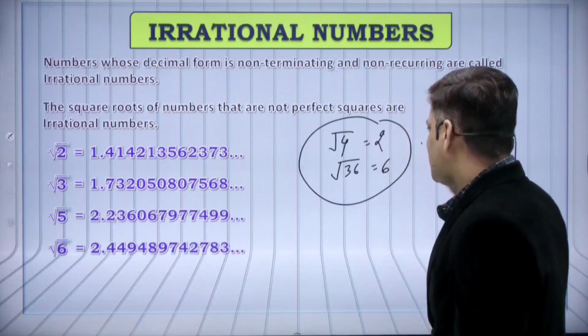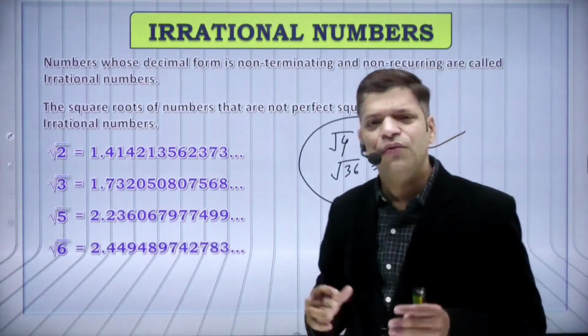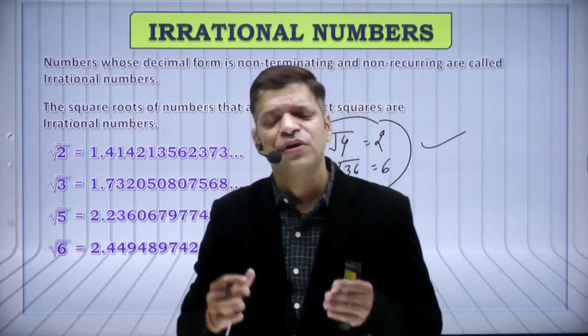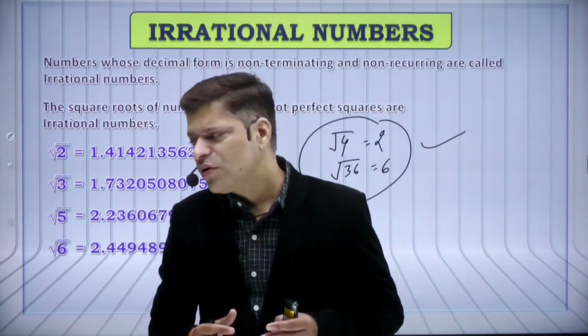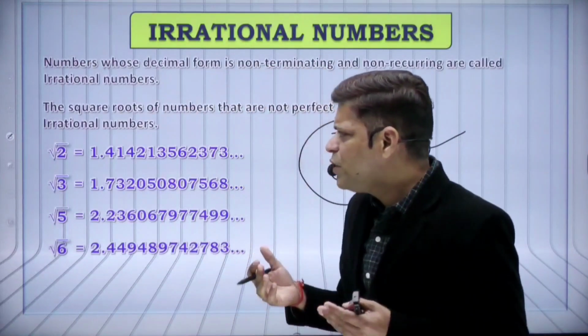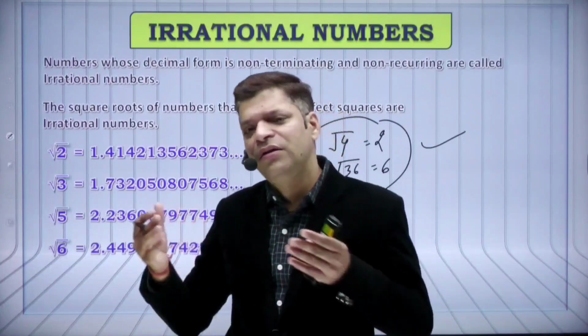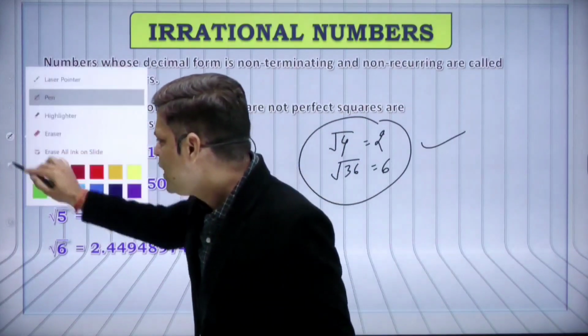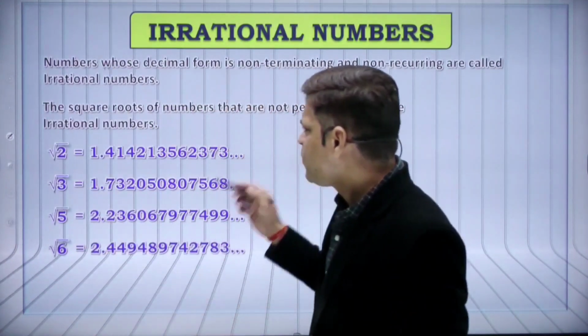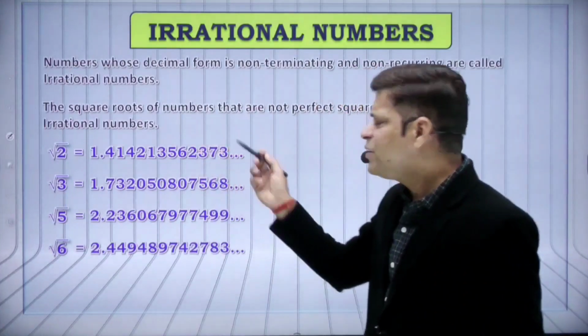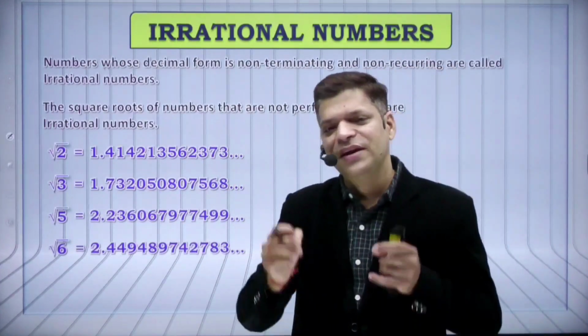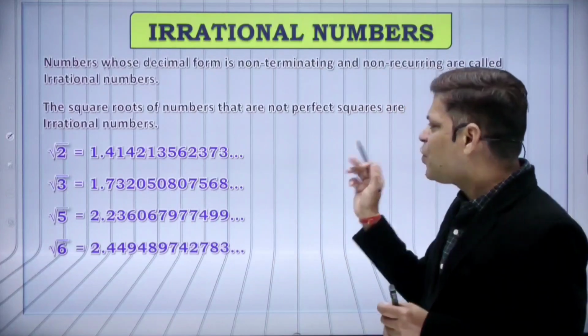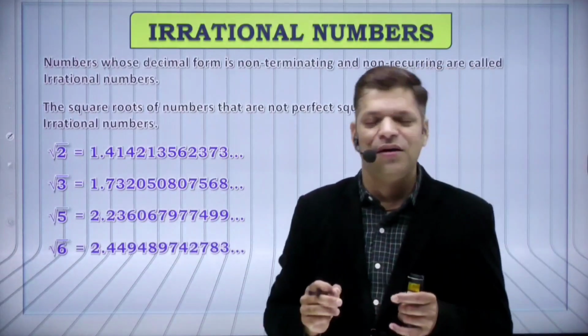There are many examples by which we can tell which numbers have perfect square roots. So we also define irrational numbers in another way: the square roots of numbers which are not perfect squares are called irrational numbers.